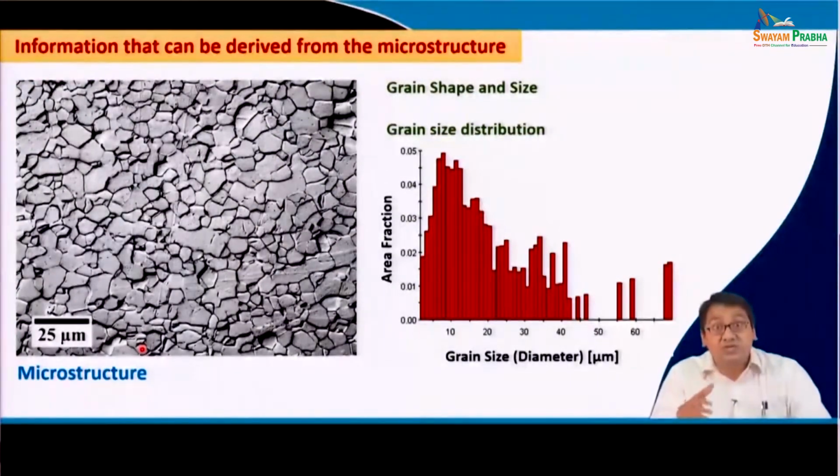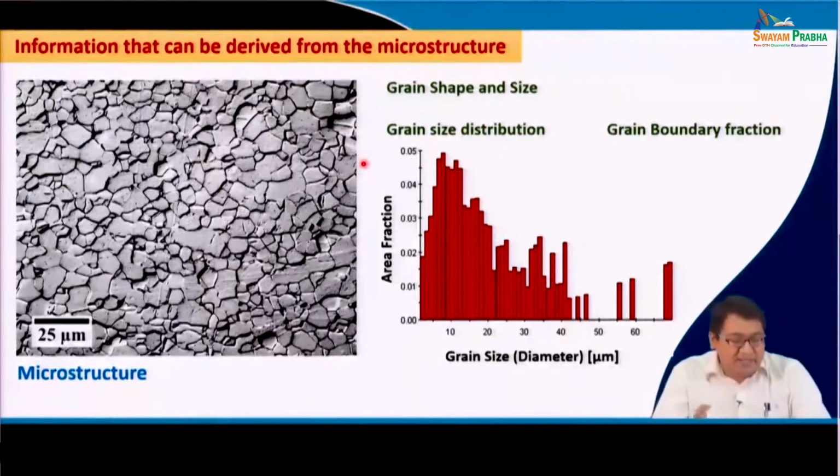We can do a linear intercept measurement, or we can measure the area of each grain using some kind of software and find out the average grain size of the material. We can even find the grain size distribution, but these are done by manual methods.